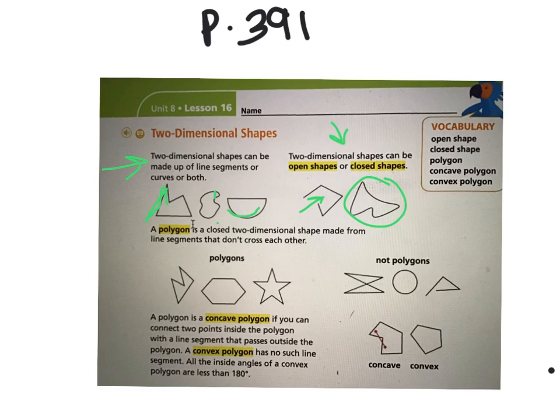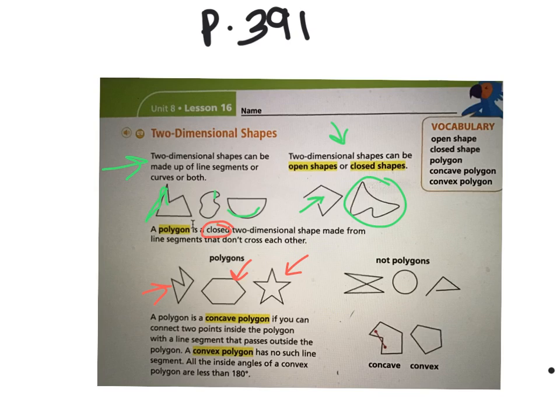Now, when we go down to polygon, I want you to just remember that a polygon is a closed two-dimensional shape made from line segments that don't cross each other. So a star is considered a polygon because it's closed and lines don't cross. This one is a polygon because it's closed and two lines don't cross each other. Even this one, it's still closed, but it looks like something is missing, but it's closed.